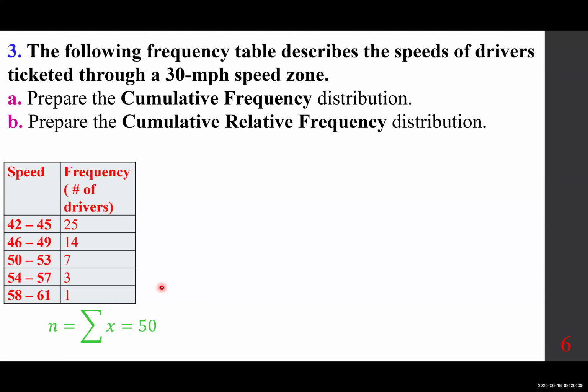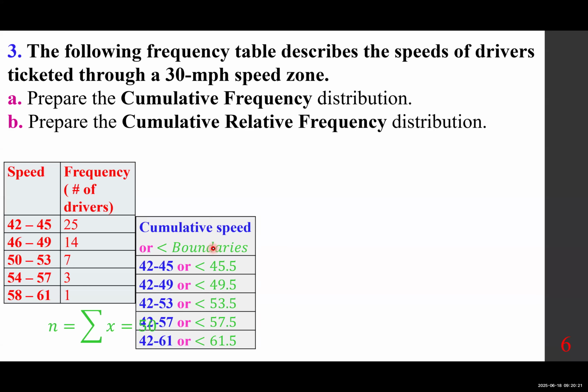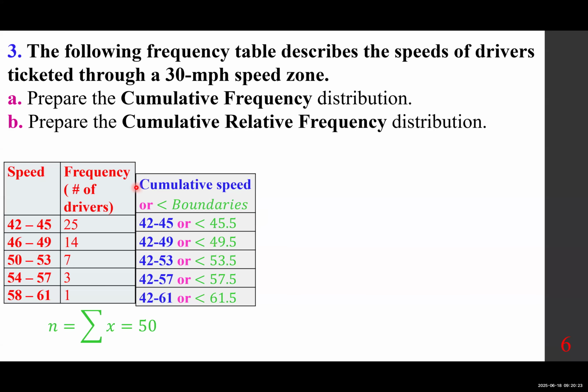Or you can say less than the upper boundary of each class. Remember, for this class the upper boundary is 45.5. So less than 45.5, less than 49.5, and so forth. So that's how you write the cumulative speed. Again, if you want to use the limits, you put 42 as the lower limit of each class because it's cumulative.